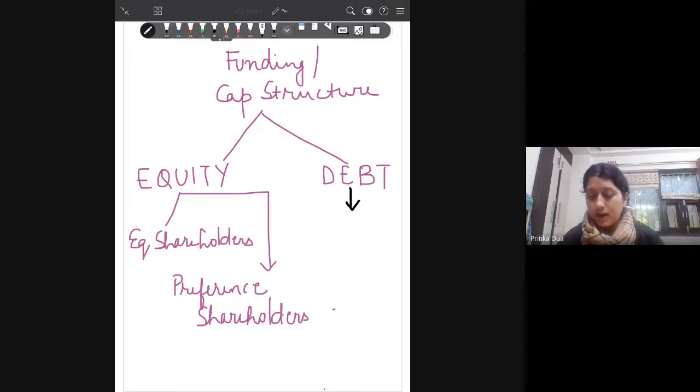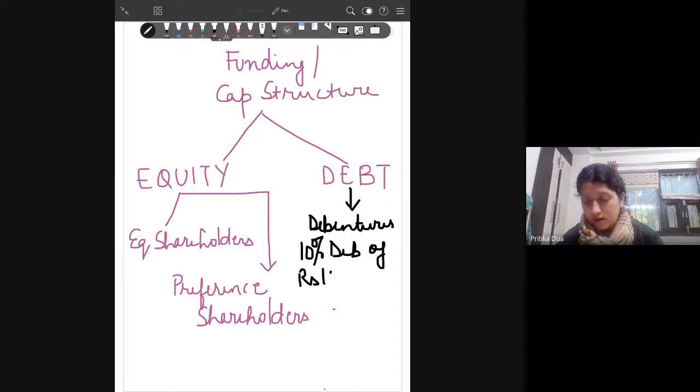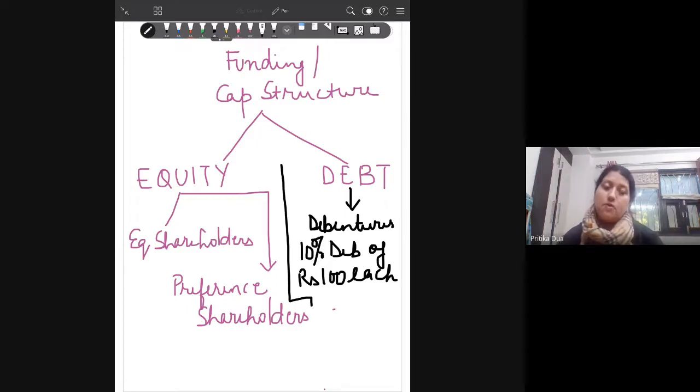So what does the company do? The company issues debentures, say 10% debentures of rupees 100 each. So this is a borrowing that is being made by the firm from the general public. It is raising money by issuing debentures. Say this is a 5-year debenture.